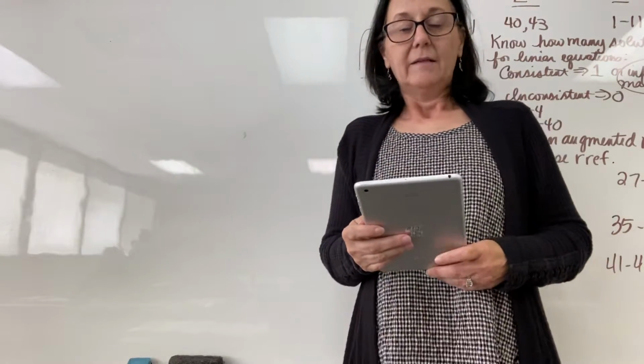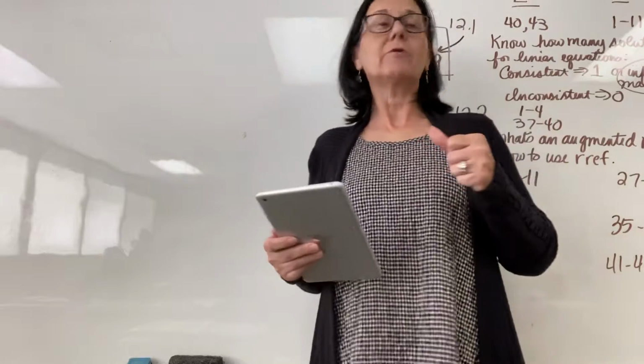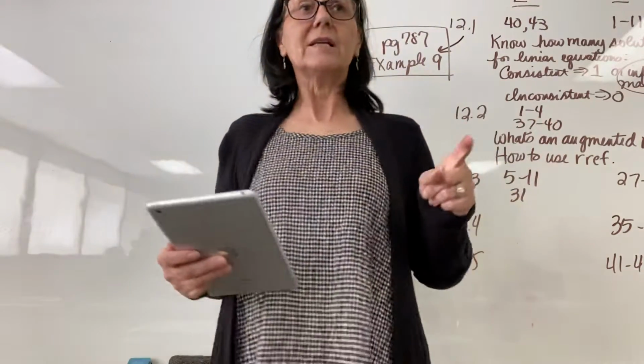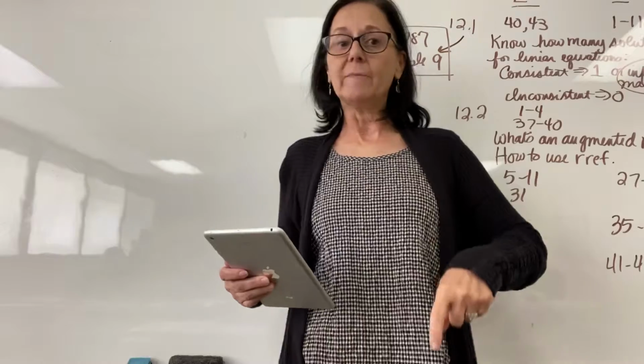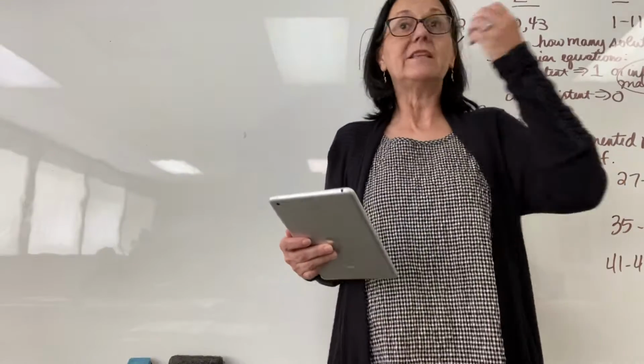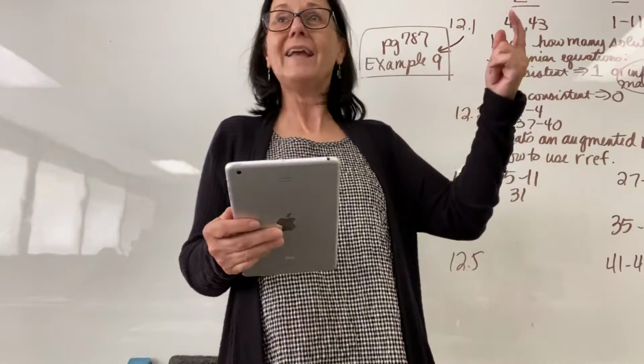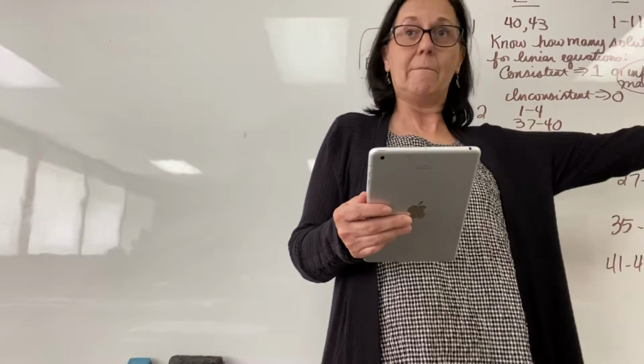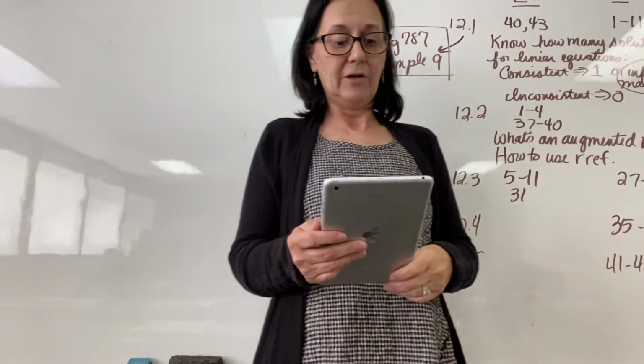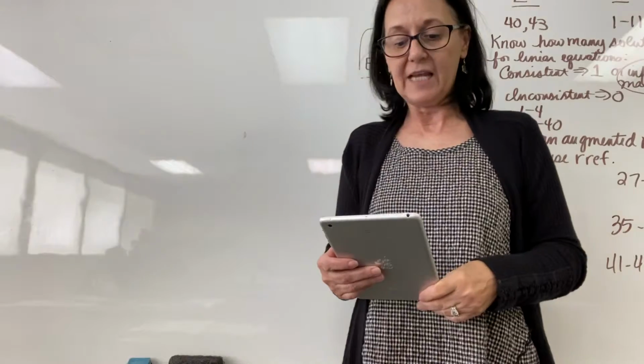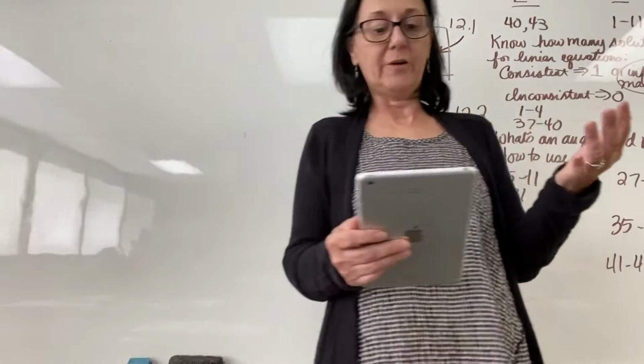All right, lesson 2. You've got to be able to write an augmented matrix, and if you have an augmented matrix, can you then write the equations that go with it? It's just x, y, z equals the number. Number 17: write the linear equations.